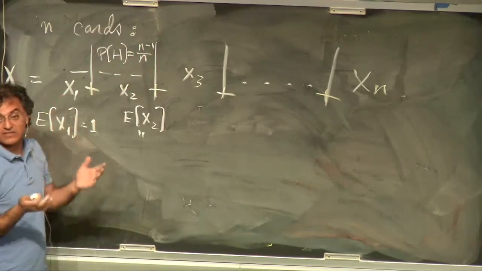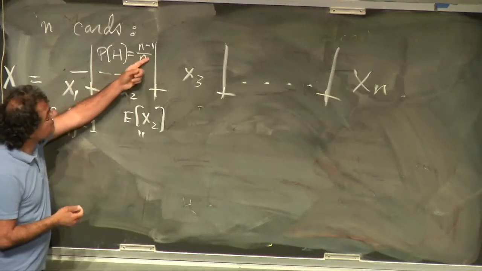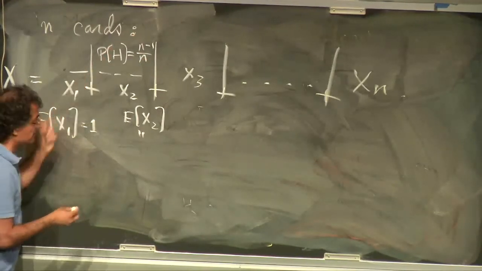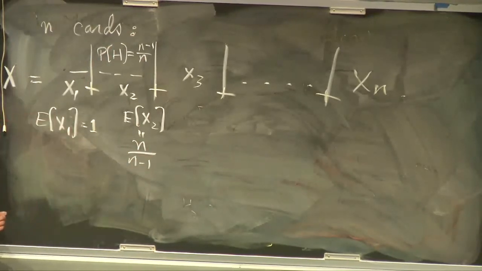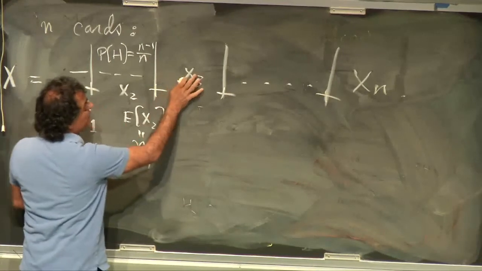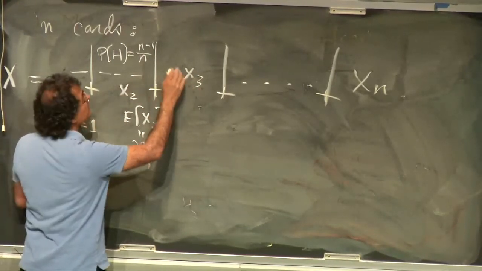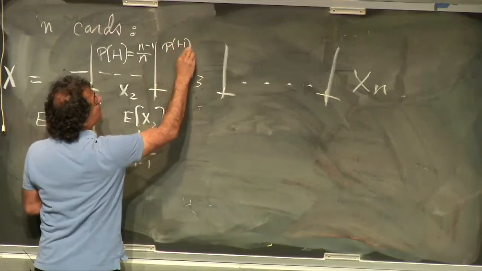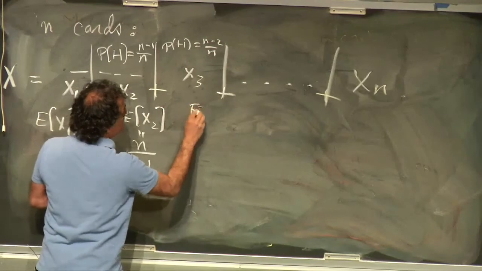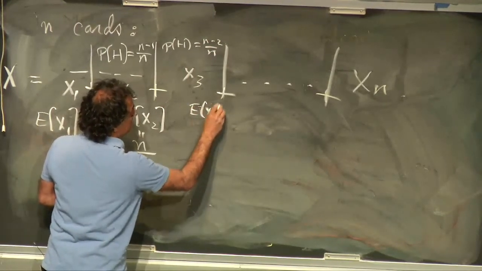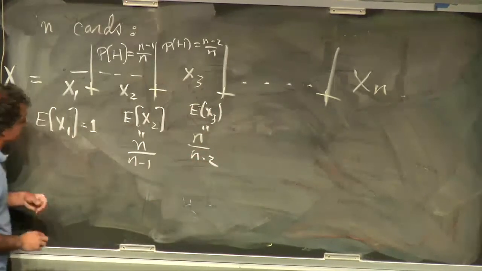Those are the successful cases, all n minus 1 of them. So the expected time is n over n minus 1. What about here? We've already seen 2 of the cards. So n minus 2 are good for us. So probability of heads now is n minus 2 over n. And so the expected value of x3 is equal to n divided by n minus 2.